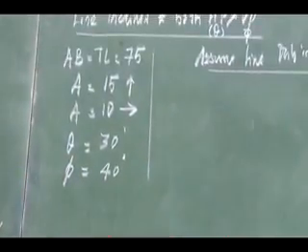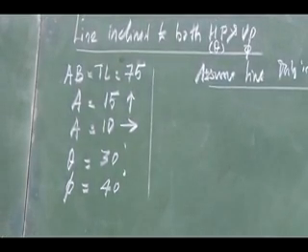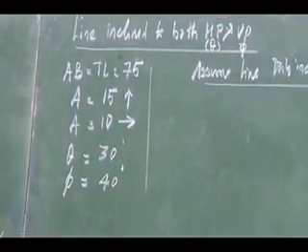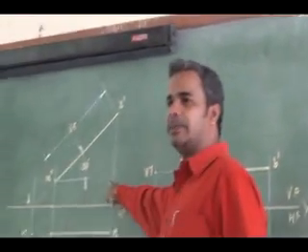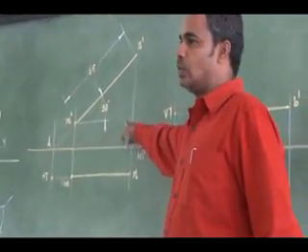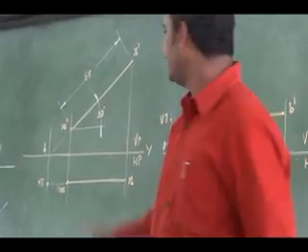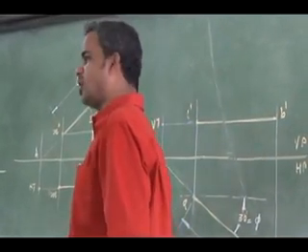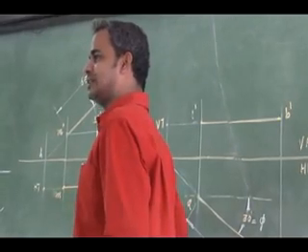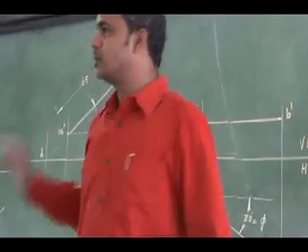If the line is only inclined to HP and parallel to VP, what will it be? It will be like this, isn't it? The line only inclined to HP and parallel to VP means I will obtain the true length and true inclination in my front view, and in the top view I will obtain a shorter length parallel to the reference line. Do you have any clarification on this?